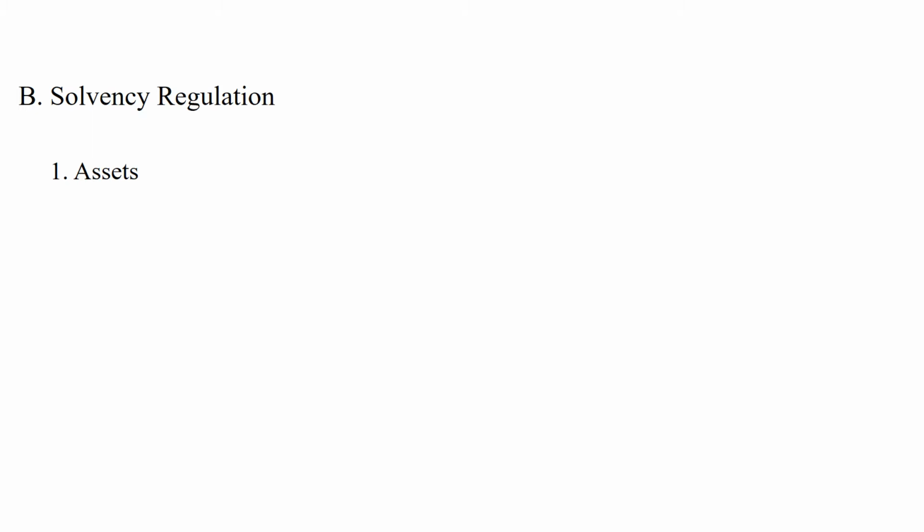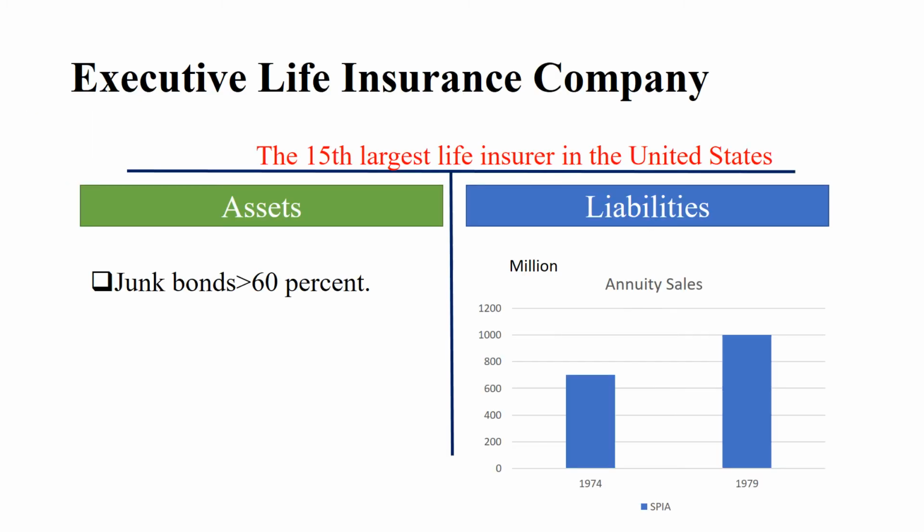The first solvency regulation is related to the asset side. Do you remember this company, Executive Life Insurance Company? In this case study, we said that one reason this company became insolvent is because it invested heavily in junk bonds.